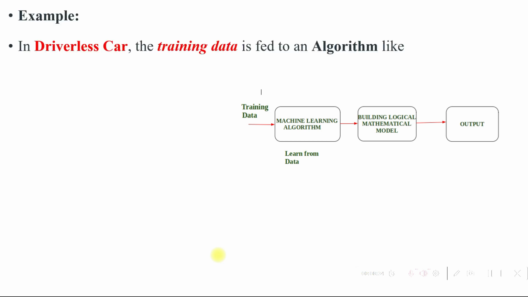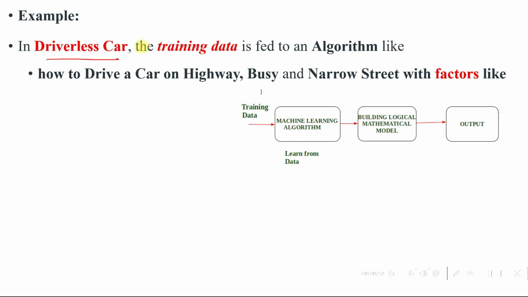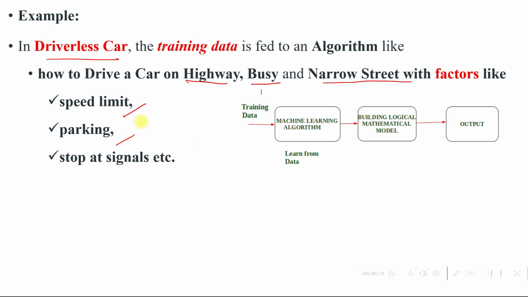For example, in the driverless car, the training data is fed to the algorithm, like how to drive a car on highways and busy, narrow streets, with factors like speed limit, parking, and stops at signals.